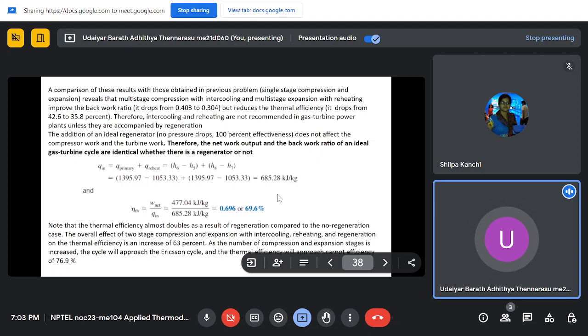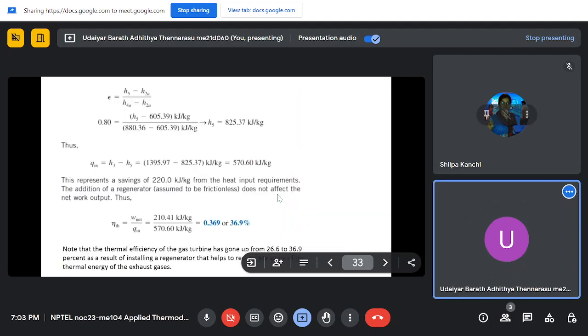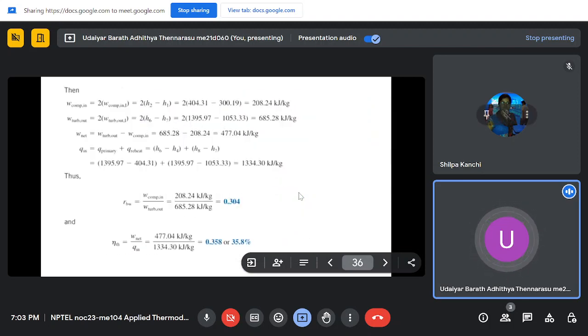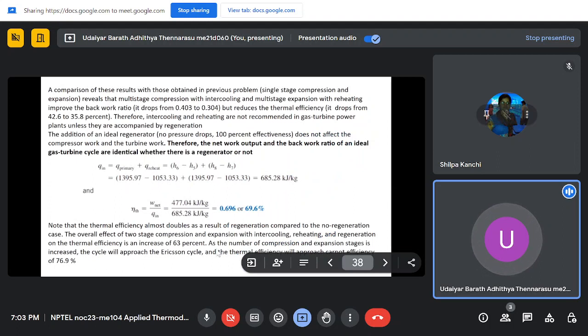What happens if you keep on increasing the number of stages? If you keep on increasing the number of stages, it will become close to a Carnot cycle, or the term is called an Ericsson cycle. So the efficiency for that will be Carnot efficiency. So maximum it will give you 76.9%.